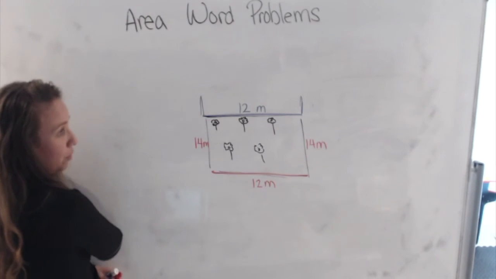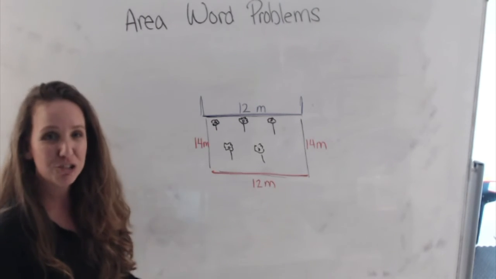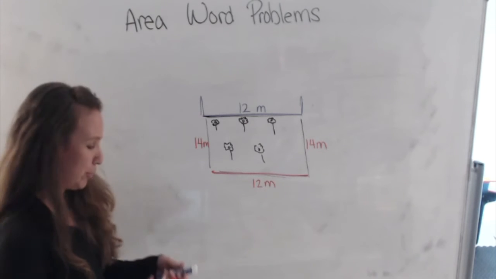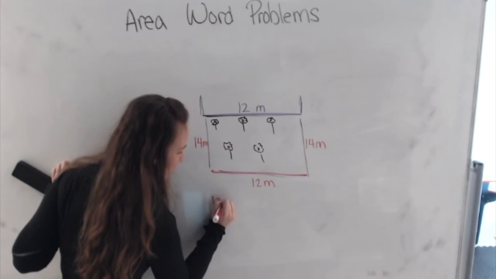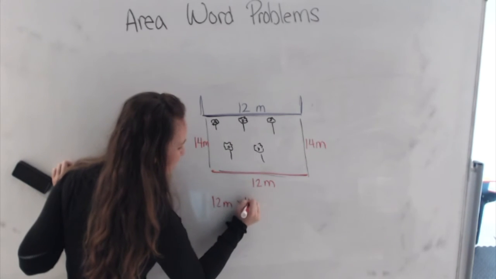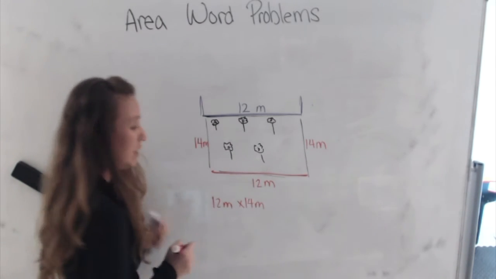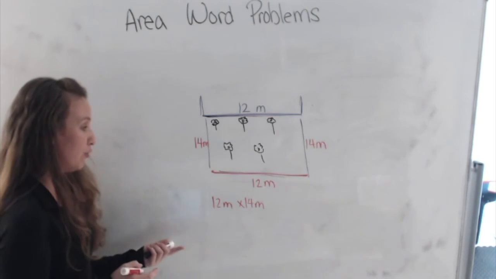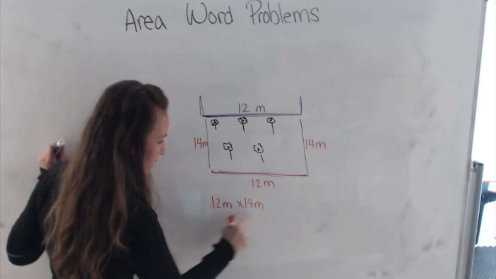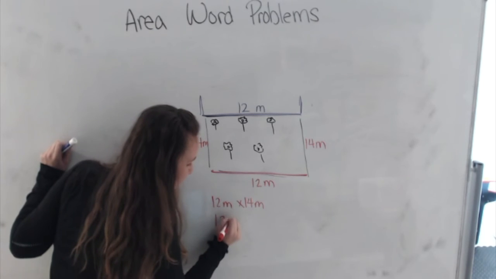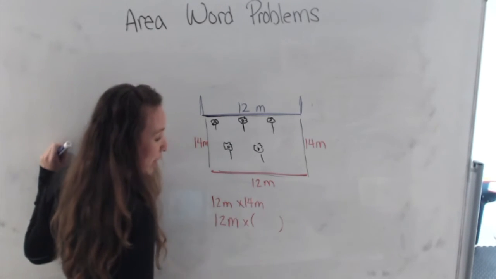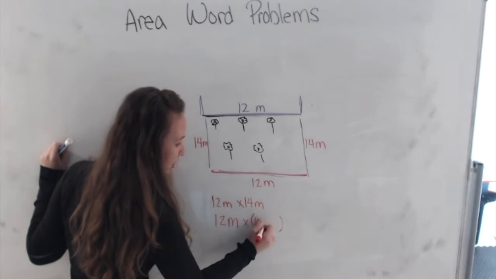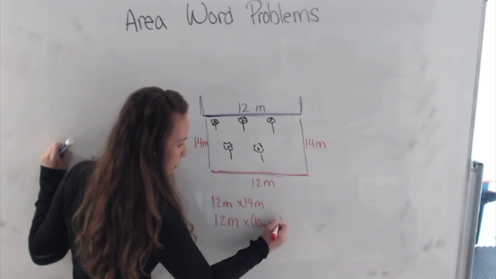So now that I have that, the question says, what's the area of the garden? So the garden is 12 meters by 14 meters. Now, if you don't know how to multiply 12 by 14, let's rewrite this. It's the same thing as saying 12 meters times, and I can rewrite 14 as 10 meters and 4 meters.